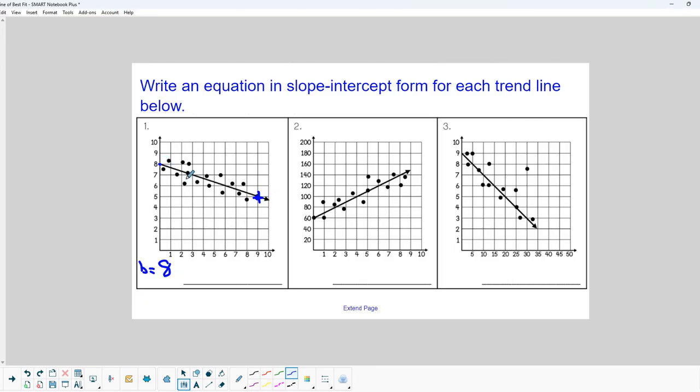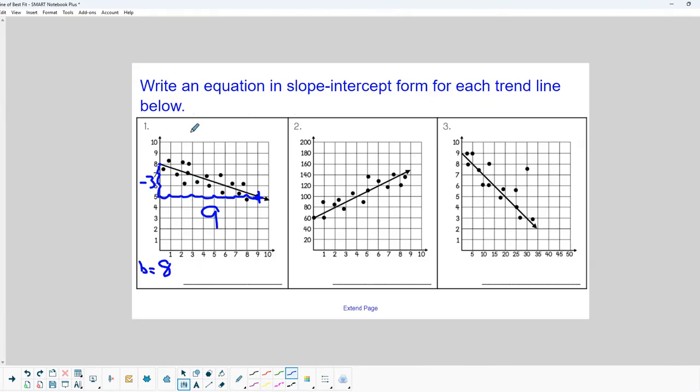And it's okay if we come this far to find our line of best fit. So to go from here to here, we have to drop 2, or it's actually 3. So our rise is actually a fall of 3. And then our change in x, 1, 2, 3, 4, 5, 6, 7, 8, 9. So we have a change in x of 9. So that's our run.